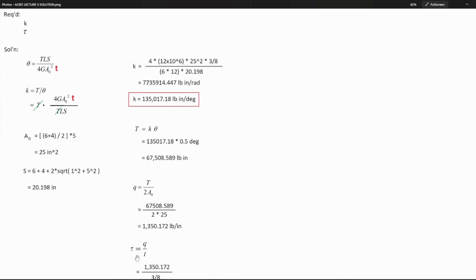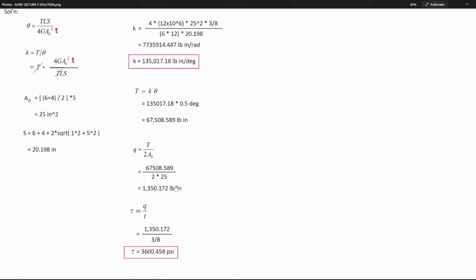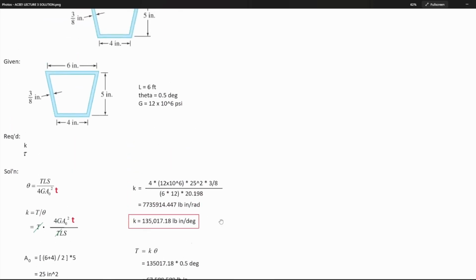The torsional shear stress for a thin-walled tube is equal to shear flow over the thickness. Substitute the value of shear flow and our thickness of 3/8 of an inch. You'll have tau equal to 3,600.458 psi. These are our final answers. Alright? That's it. We're done with this problem.